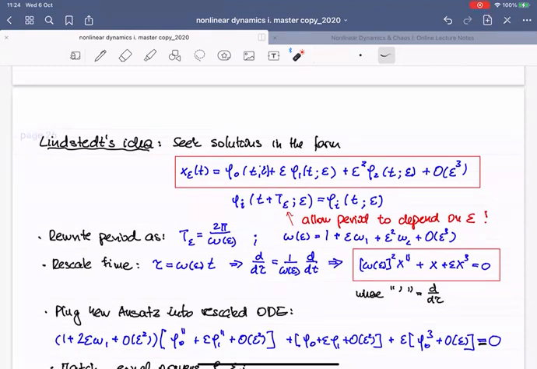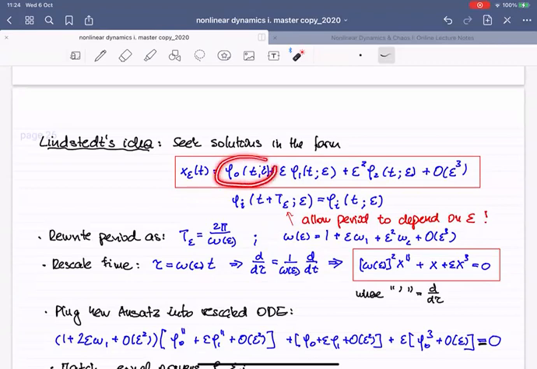His idea was: we have smooth dependence on epsilon, but let's try to rewrite this series in a smarter way, and reorder the terms in the expansion.